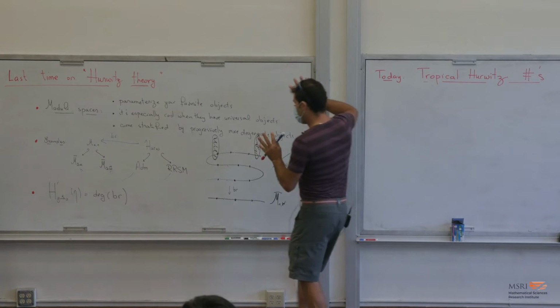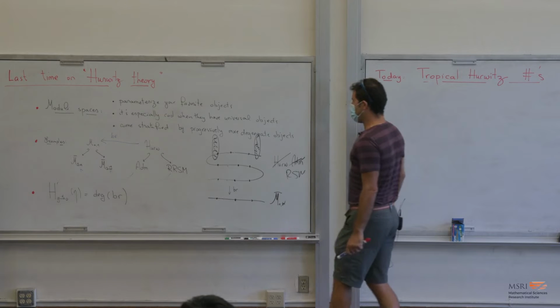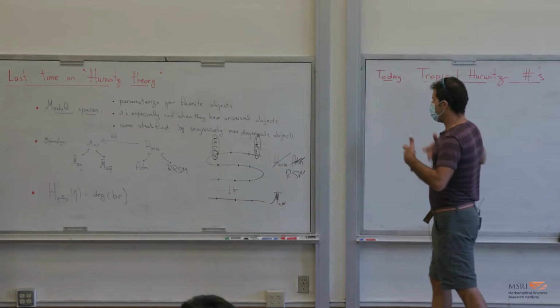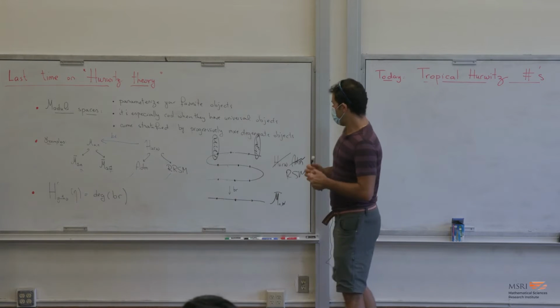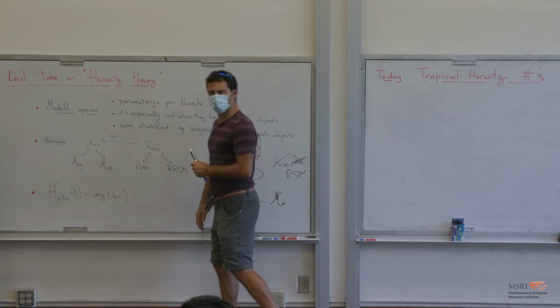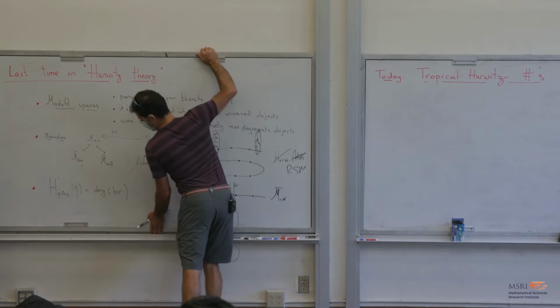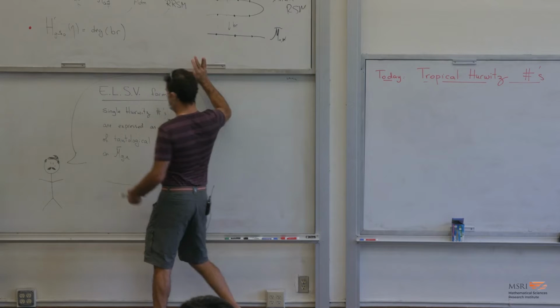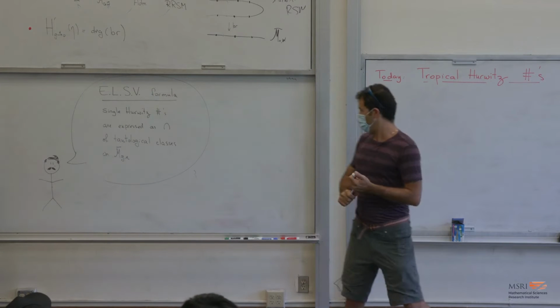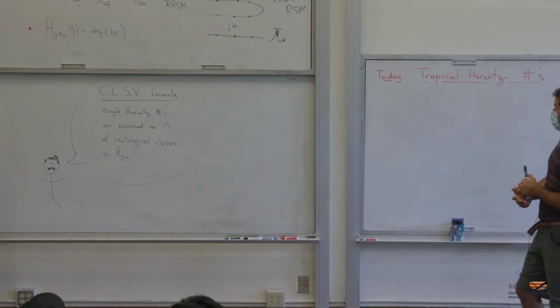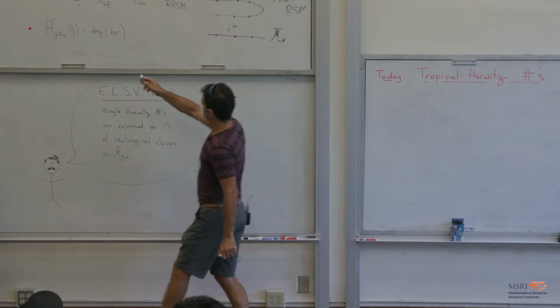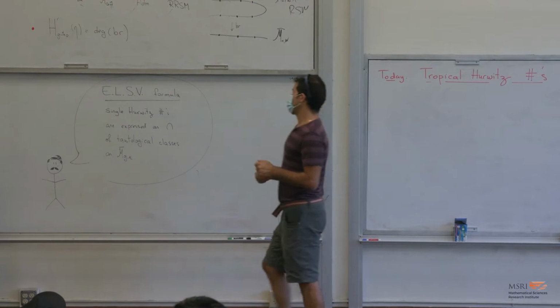Okay. So from this perspective, you get ways to connect Hurwitz numbers to the geometry of the moduli space of curves, right? And in fact, I believe on Monday, Vance is going to tell you about the ELSV formula, right? This is a remarkable application where you will see that single Hurwitz numbers, so Hurwitz numbers with exactly one special branch point, so this vector of etas is just one eta, right?